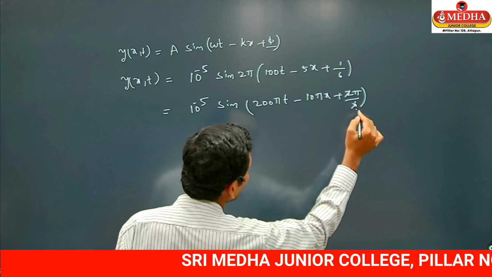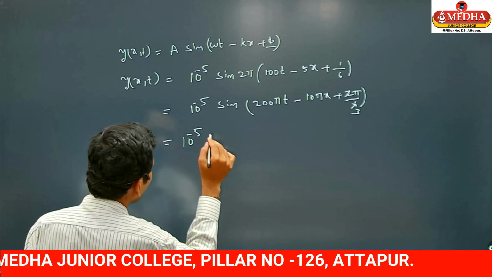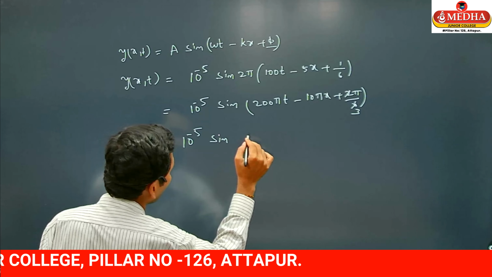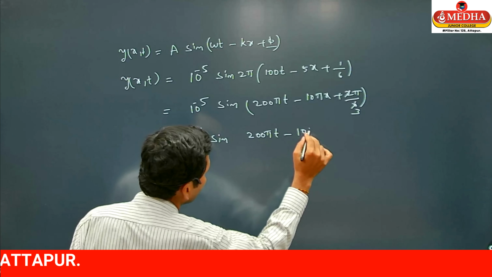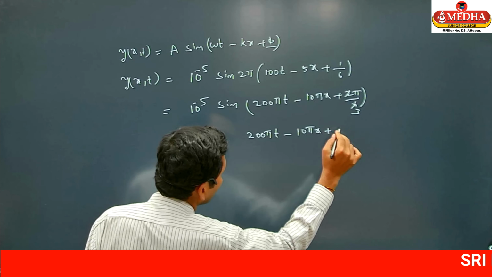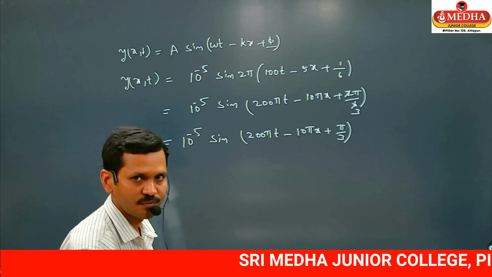The 2 and 6 cancel here. After that, 10 power minus 5 sine (200 pi t minus 10 pi x plus pi by 3). This is the standard equation form.